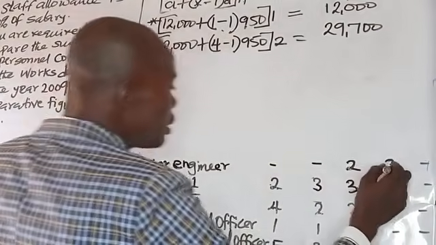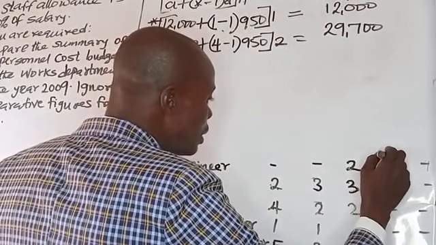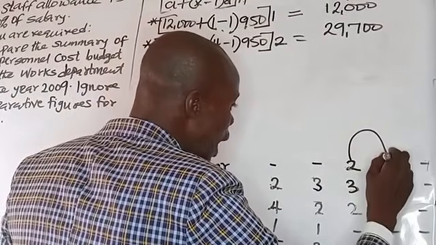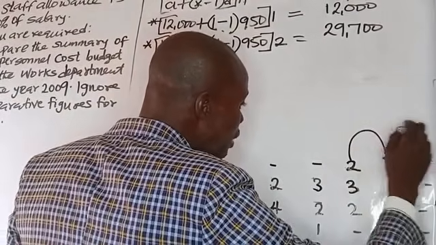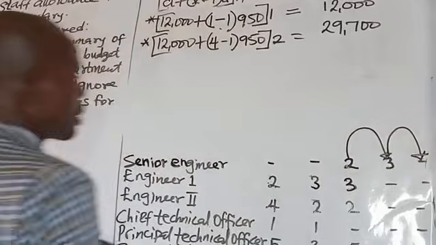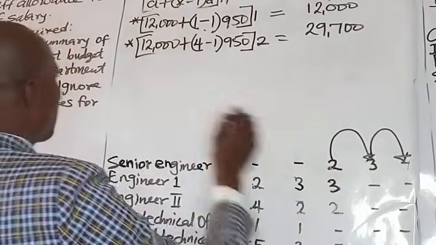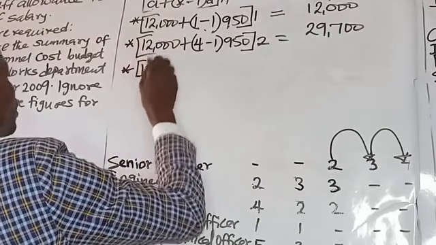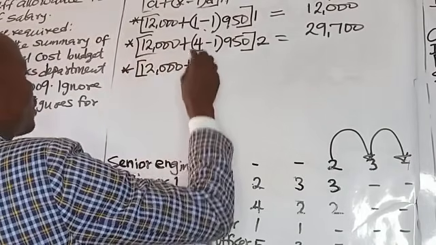Then the 3 who were in step 4 before. Remember, these 2 have moved to step 3 and step 4. The ones who were in step 4 will now move to step 5. Now let's calculate for the 3 people who will now move to step 5. A is 12,000 plus they are now in step 5.